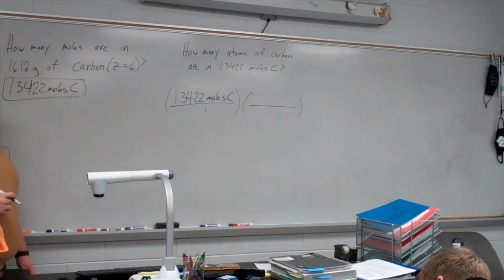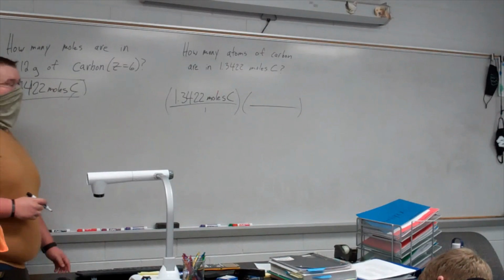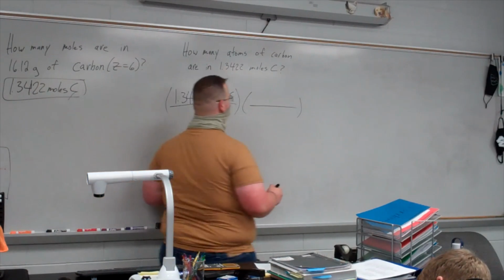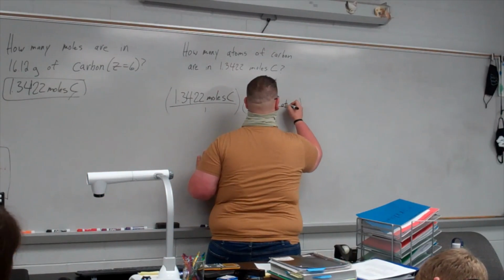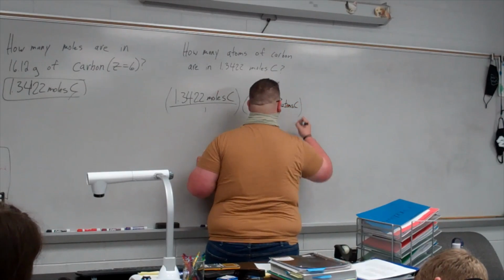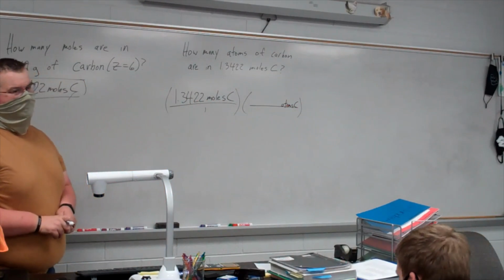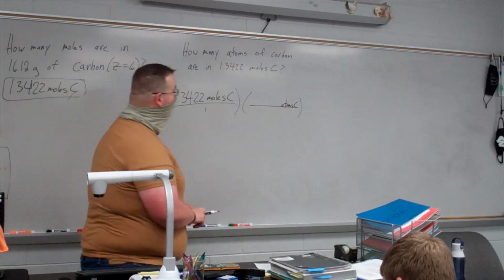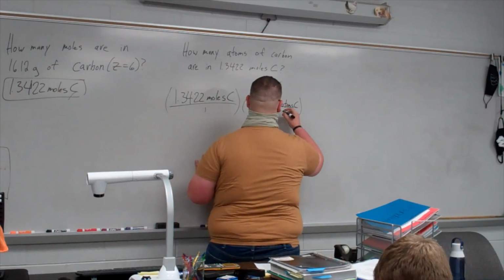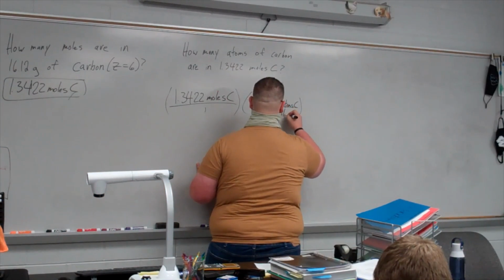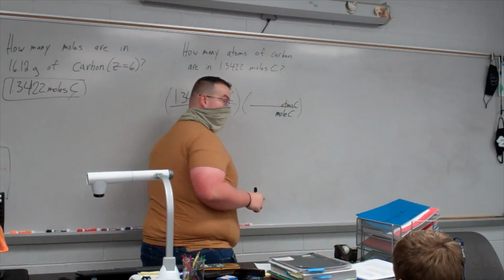In this, what am I trying to get to? Atoms. So what goes on top? Atoms. Atoms of carbon. What's going to go on the bottom of the conversion factor? Moles. Why do the moles go on the bottom? Because it cancels out.